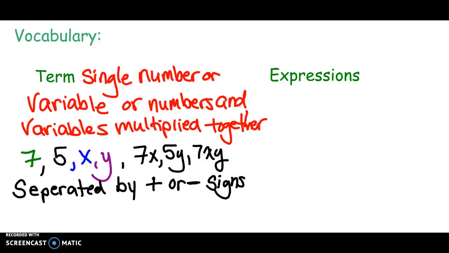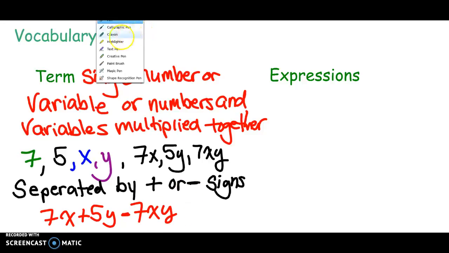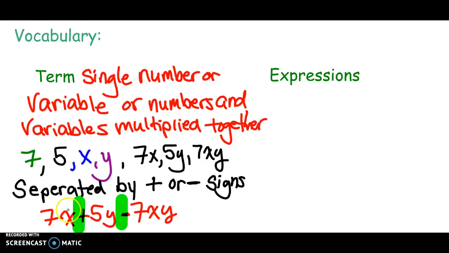So if you see several terms together, for example, if we have 7x plus 5y minus 7xy, you want to think of those addition and subtraction signs as stop signs. They separate the terms. So 7x is a term, plus 5y is a term, and minus 7xy is a term.